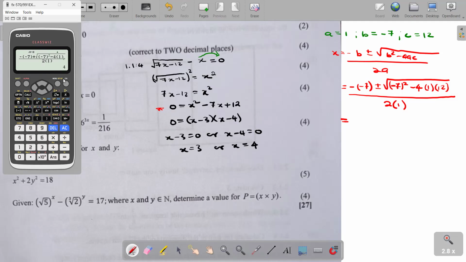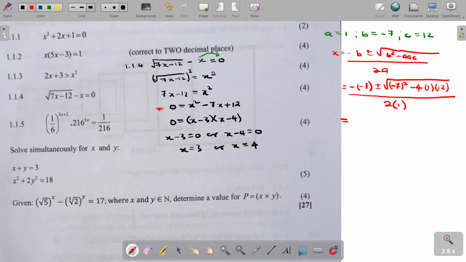We are getting 4. Oh, we are going to put minus there so that we get 3. So it means our x is equal to 3, or our x is equal to 4, which are the answers that we get here.